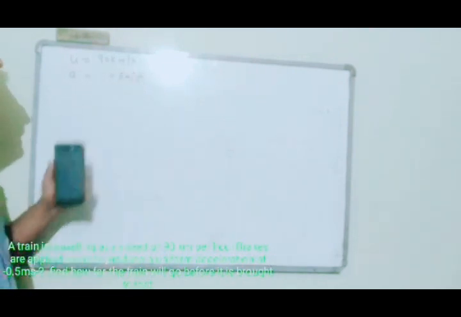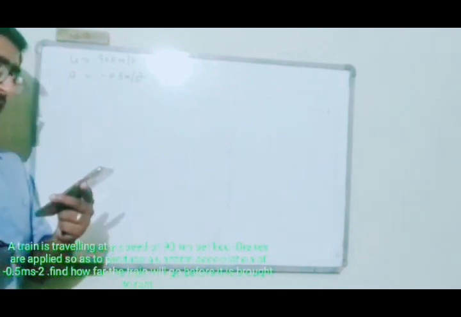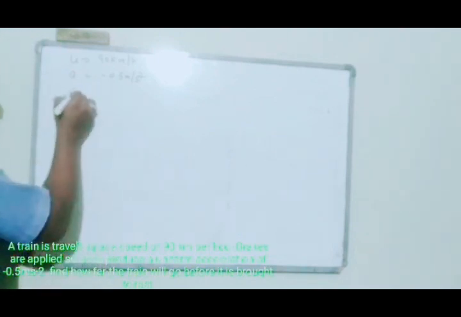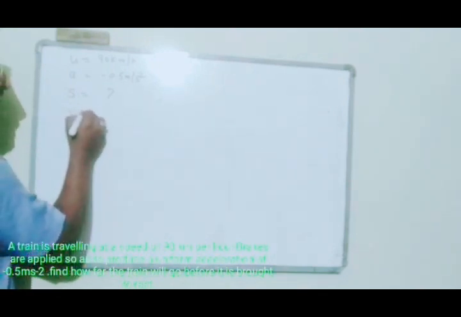When the brakes are applied, the acceleration becomes negative. How far will the train go? It means we have to find S. Before it comes to rest means the train finally comes to rest, so the final velocity is 0.